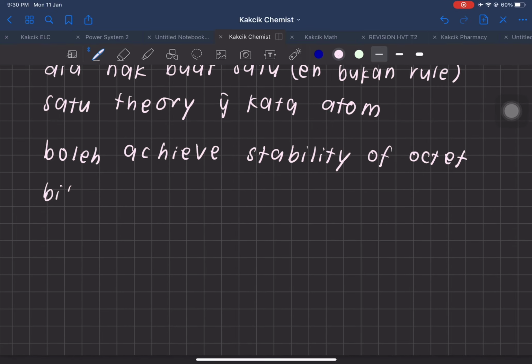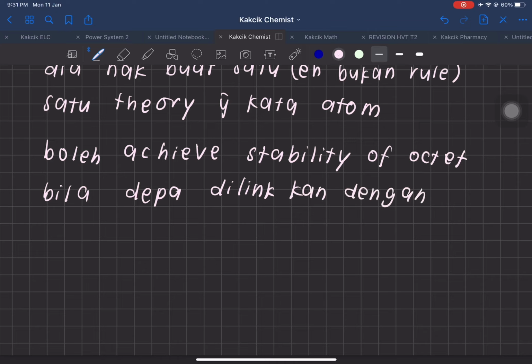So maksudnya both of them have kepentingan tersendiri. So chemical bond have their own kepentingan, and octet also have their own kepentingan.